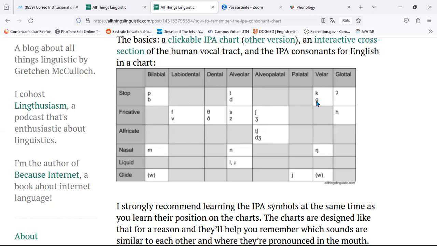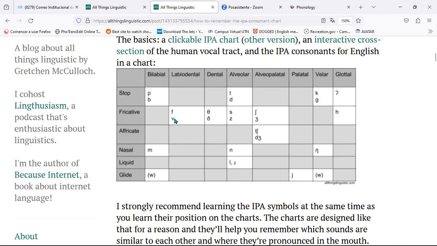There are many ways to call them, but we are calling them voiced or voiceless. Voiced are the ones that have vibration, and voiceless, or unvoiced, are the ones on the top. It's the same for these: the F is voiceless, the V is voiced.